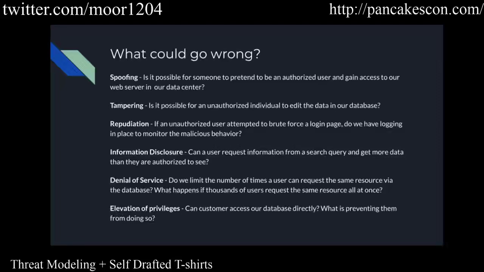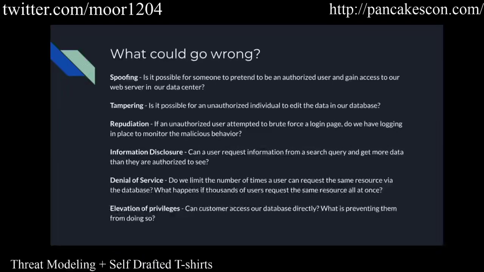So spoofing is thinking about: is it possible for someone to pretend to be someone they're not to gain access to our web server or our data center? Is it possible, from a tampering perspective, for someone to edit the data in our database when they shouldn't be able to? Repudiation is: can an unauthorized user maybe brute force a login page, and we aren't doing anything with regards to logging to make sure that we know that's happening?